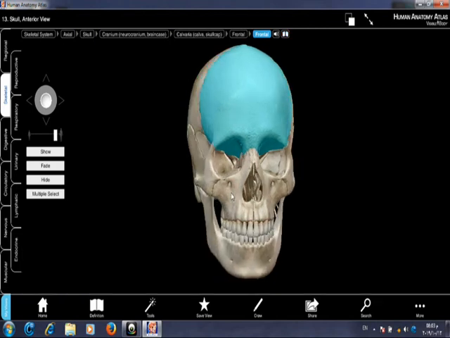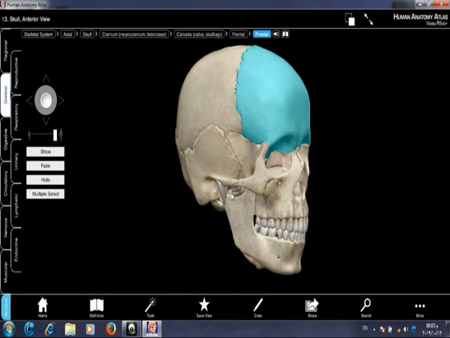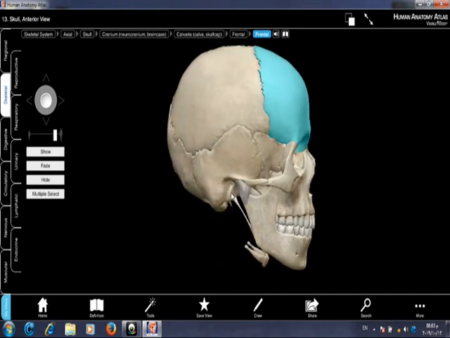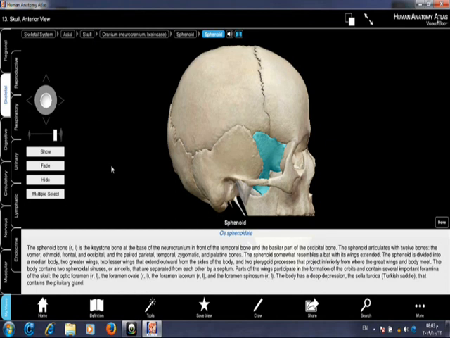Now we will explain another part of the cranium. This is called the sphenoid. I will explain it for all of you.